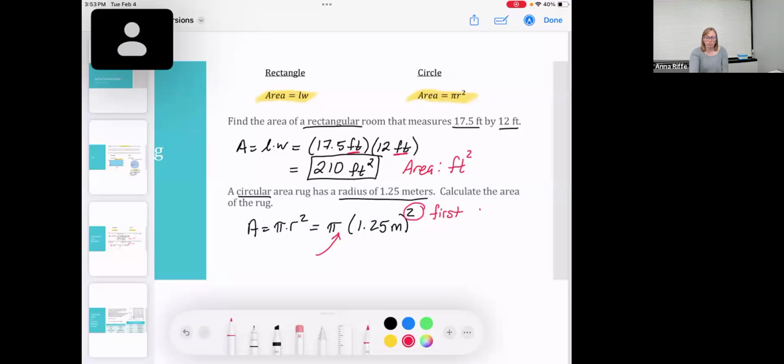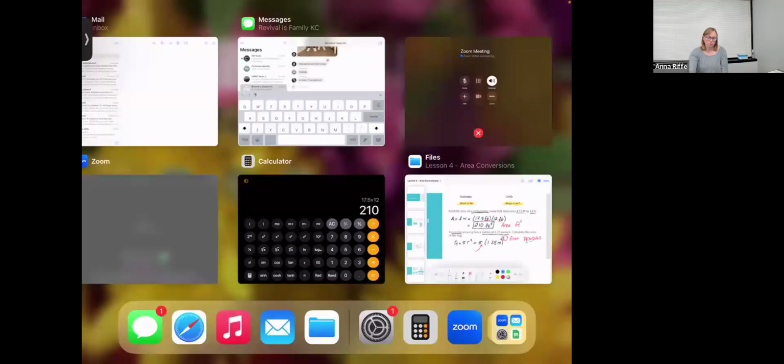Order of operations, or PEMDAS: parentheses, exponents, multiplication, division, addition, subtraction, tells us before we do multiplication, the M, we do exponents, the E. So just make a note of that when you are working with formulas that involve exponents, because we generally want to do those before we do the multiplication. Let's do that in our calculator.